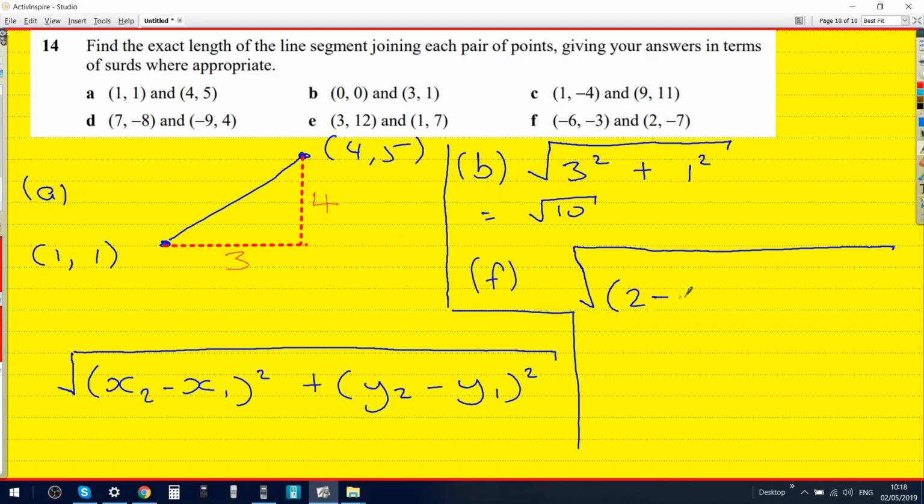Minus 2 plus 6, sorry. 2 plus 6 squared plus minus 7 plus 3, plus 3 squared.